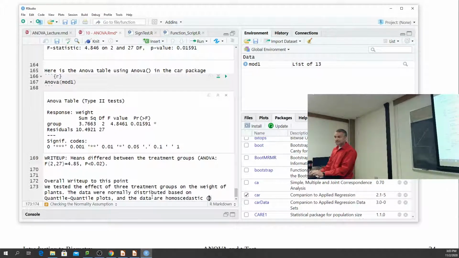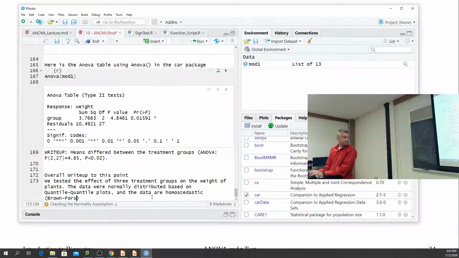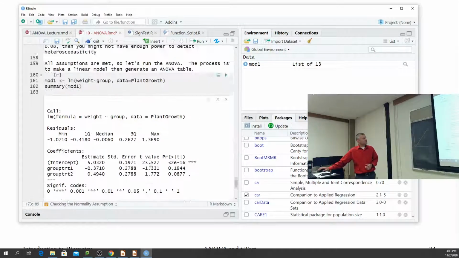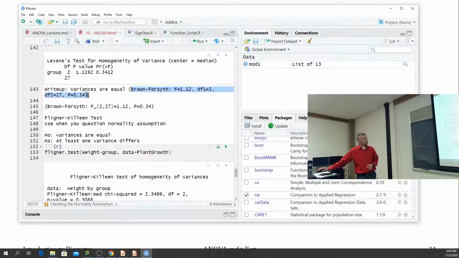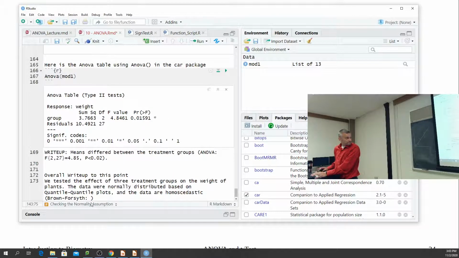And the data are homoscedastic. We ran our Brown-Forsythe test, and for that I'm going to scroll up to get my numbers. I'll use these curly braces to represent that I did them as, let's say, a subscript.